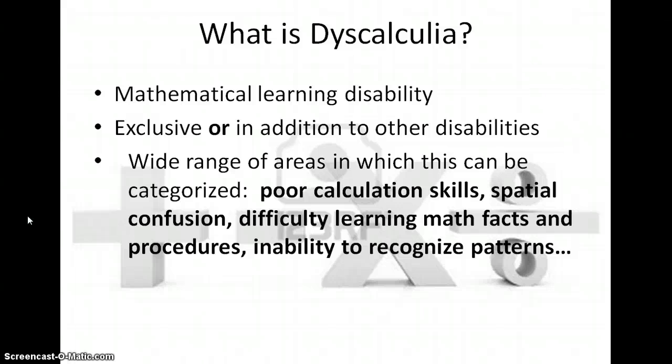And there's an inability to recognize patterns, which are often a way that teachers use to help kids learn things. So teachers need to recognize that you can't just teach different concepts in math based on patterns, because there are some students that simply cannot learn that way.